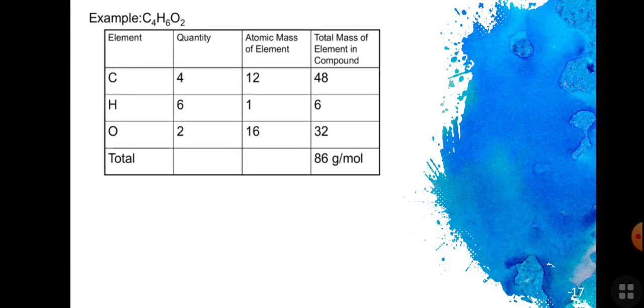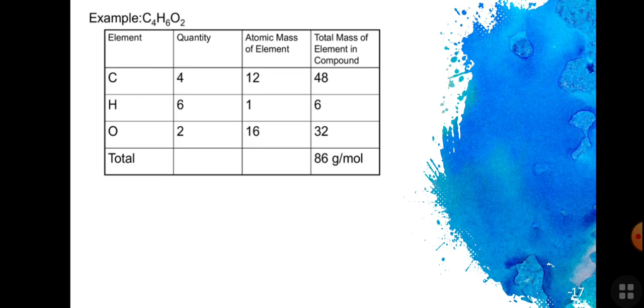Another example here, the molar mass of C4H6O2, an organic compound. If I'm not mistaken, this is a sugar. Okay, so again, kagaya ng ginawa natin kanina doon sa water. So determine natin ilang atoms ang bumubuo sa bawat elements. So sa carbon, meron tayong 4, sa hydrogen, meron tayong 6, and sa oxygen, meron tayong 2.